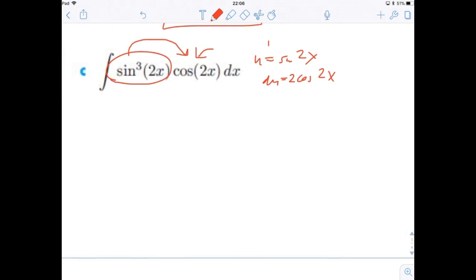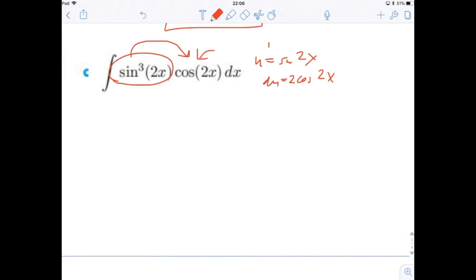Let's try that. This inside part is going to become u cubed. The dx is going to be replaced with du divided by 2 cosine 2x. And look, it cancels out with the cosine 2x on top, but the 2 stays.